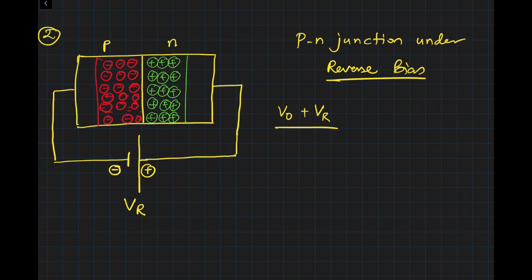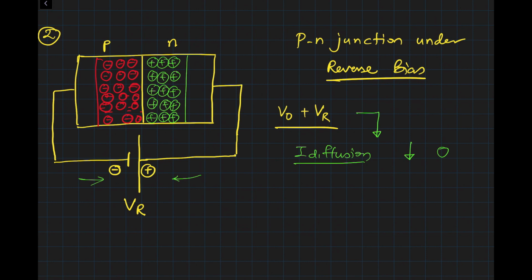We have added on top of the built-in potential V0 plus VR, and what this would do is your I diffusion current will reduce substantially, almost to zero. Because we don't have any excess carriers or the concentration of holes on the p-type and electrons in the n-type, because they all will get sucked into the battery.